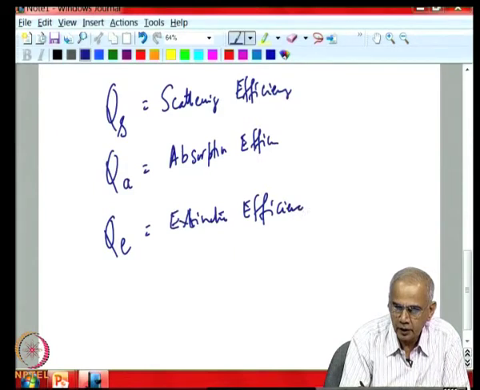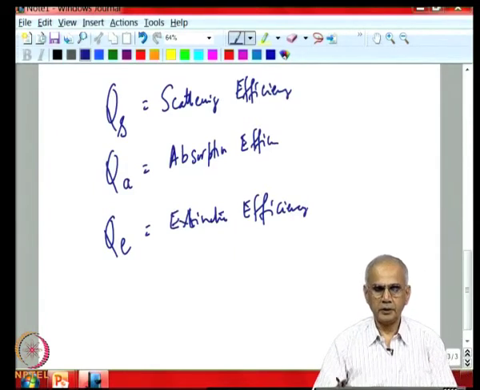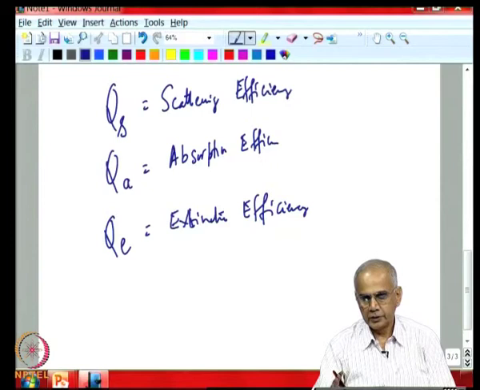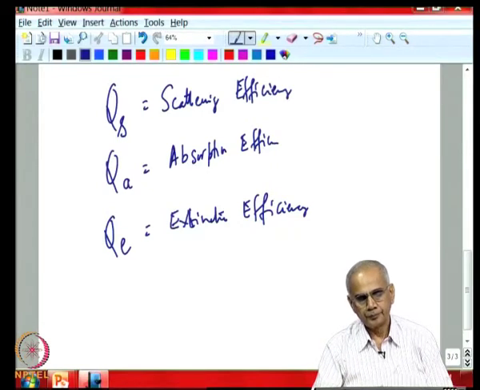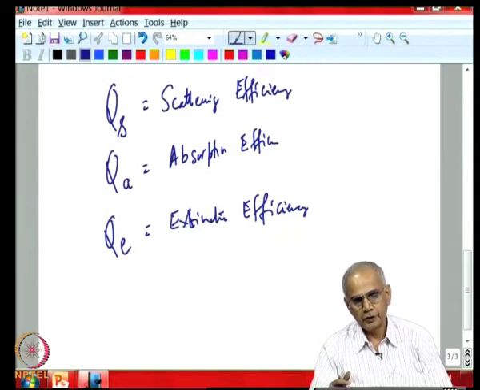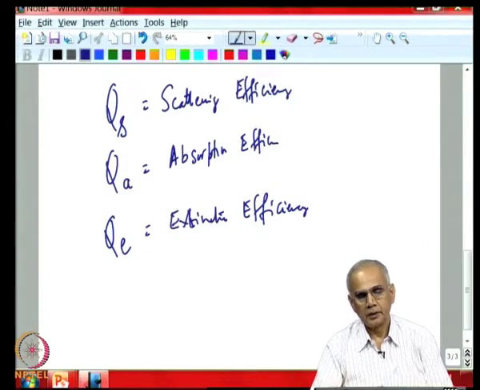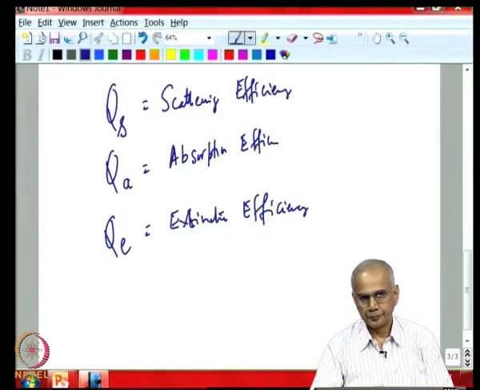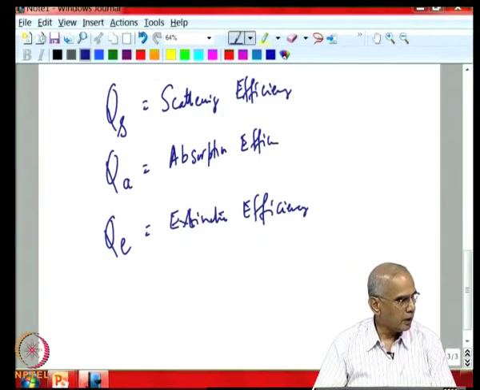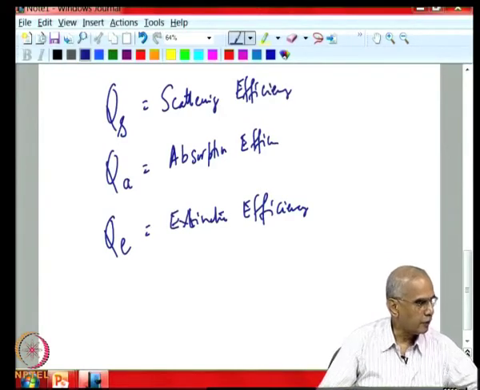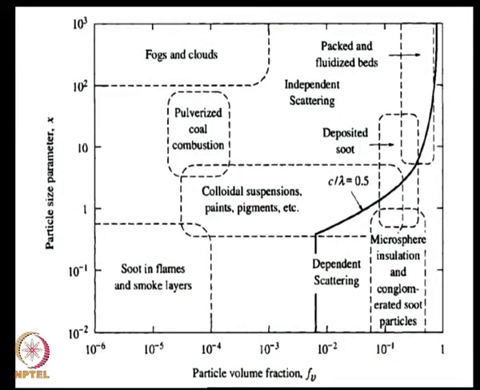So, all these three are non-dimensional numbers which give an idea of the efficiency of scattering, absorption or extinction, essentially in relation to the cross sectional area of the object. Now, let us see how these things look like for a typical particle.